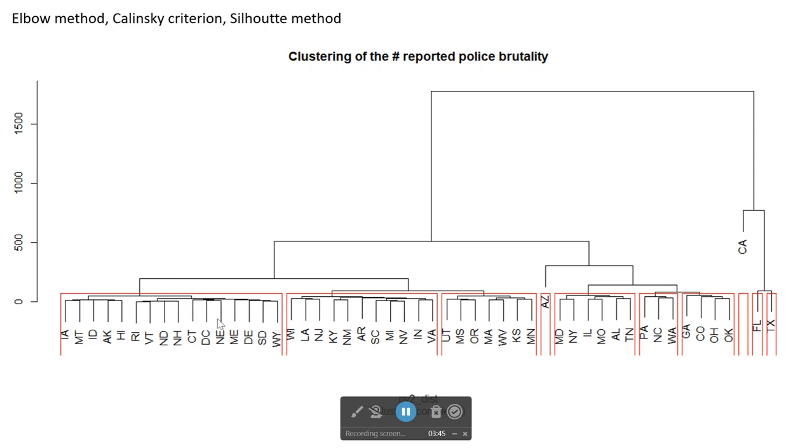3 of these states, Connecticut, DC, and Nebraska, form a small cluster. And 4 of these states form another small cluster. 3 of these states form a small cluster. 2 of these states, Kentucky and Minnesota, form a small cluster, and so on.